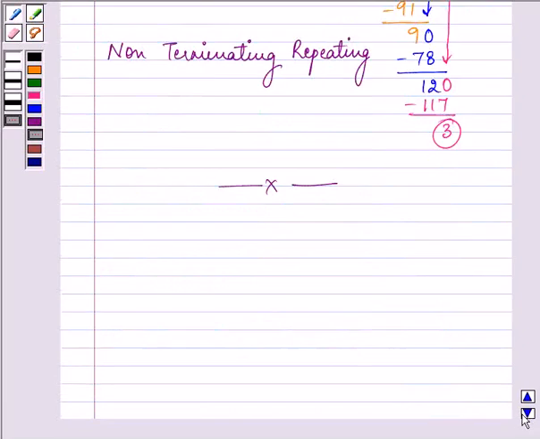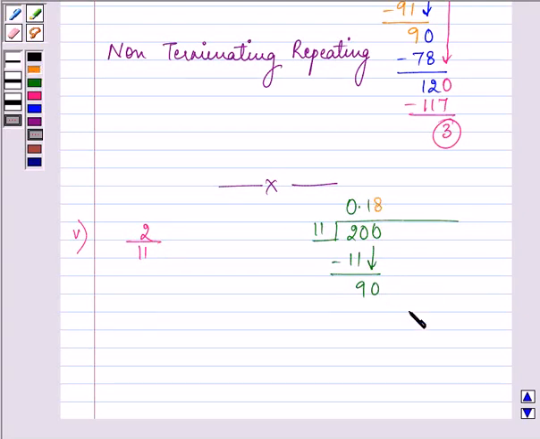Proceeding further, we have 12 divided by 11. Now, let us divide it. Dropping down 0 from above. Now 11 eights are 88.